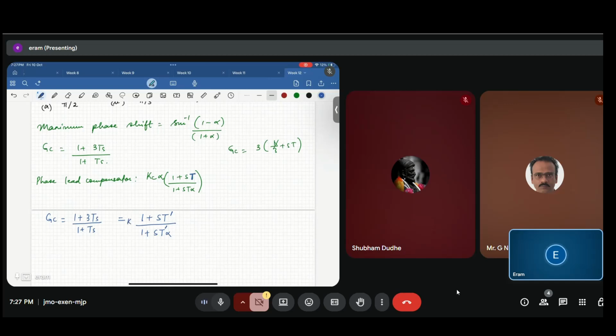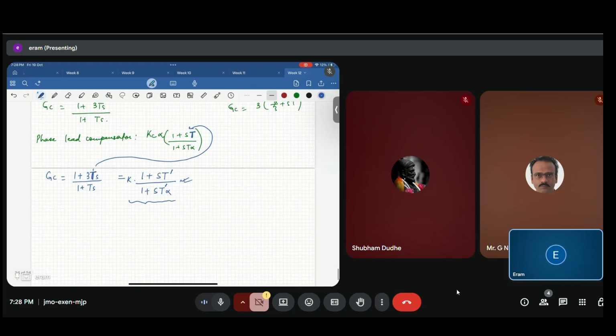Any gain can also come here. If we are able to write the left hand side in the form we have on the right hand side, then we can figure out alpha. T is just a variable. The standard form is this. So how can we get from here to here?